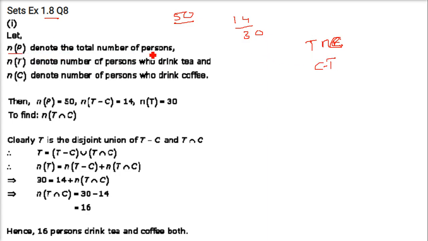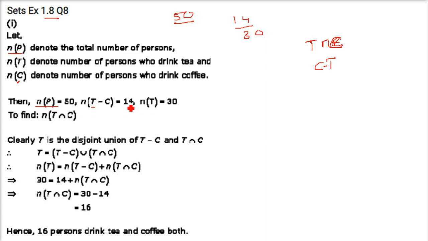So here we take NP as the number of persons, T as the number of persons who drink tea, and C stands for people who are drinking coffee. Now the total number of persons is 50, and T minus C is those 14, who drink tea but not coffee.